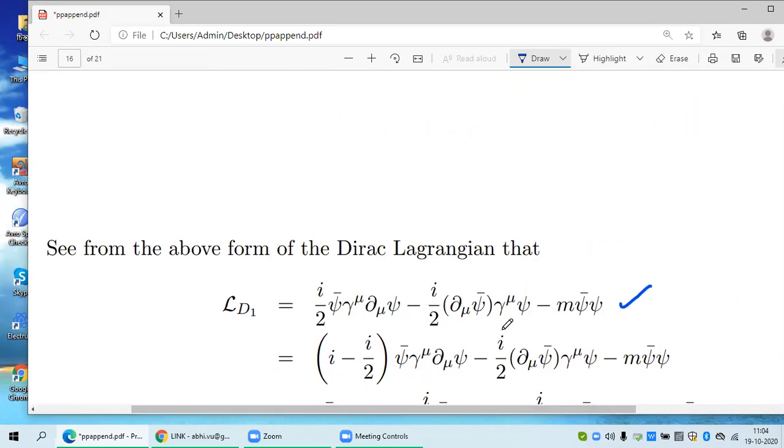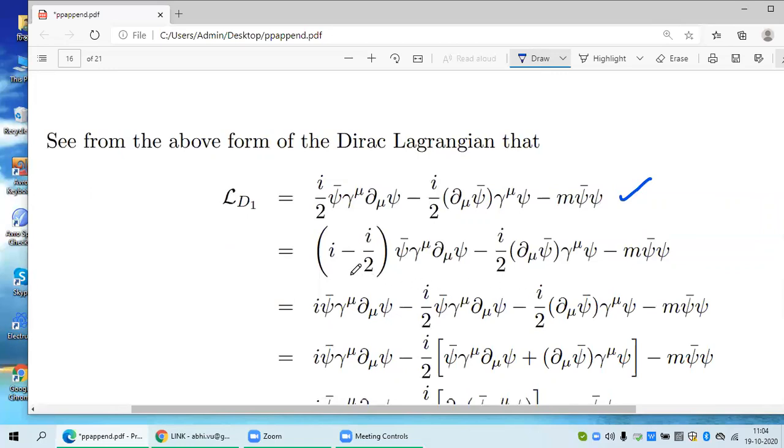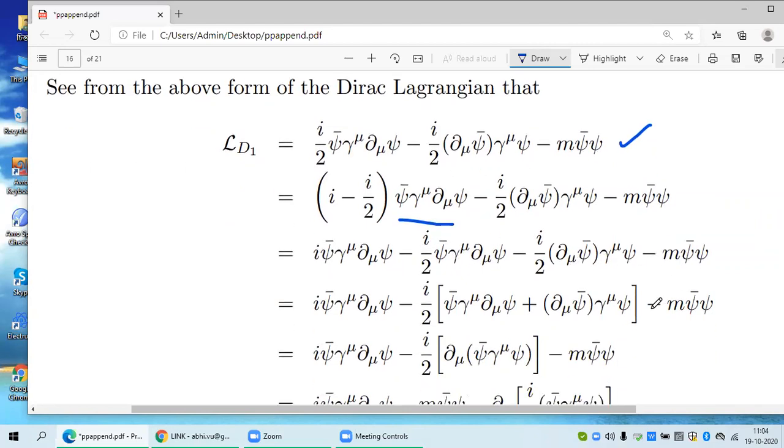Now see that I can write this Lagrangian in this way. This i by 2, I can write i minus i by 2, rest same. Now I multiply, so the first term gives you i into this term. The second term gives you minus i into this term, and the rest same. Clear?